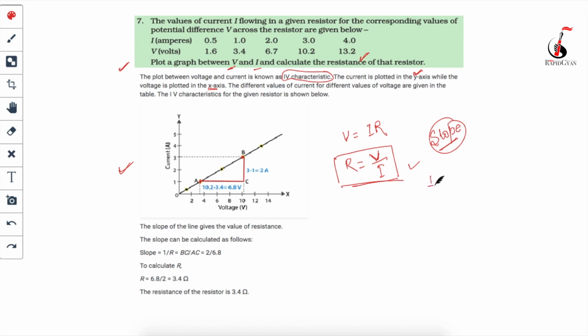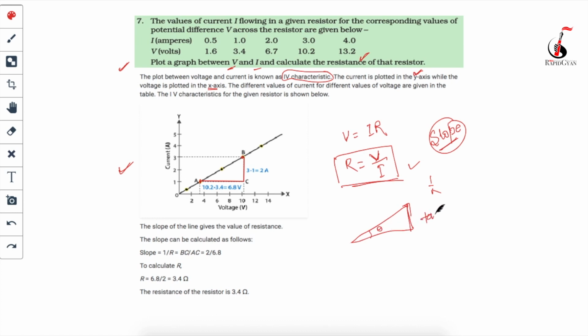Because see BC, so might be most of you guys don't know what is slope. So in any right angle triangle, whenever we have to find the value of a slope, if you guys know a little bit about trigonometry, this is your theta value.